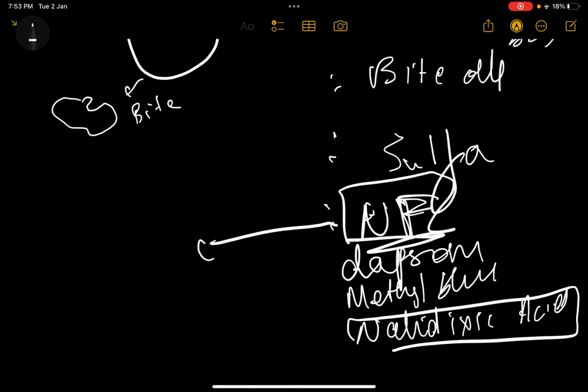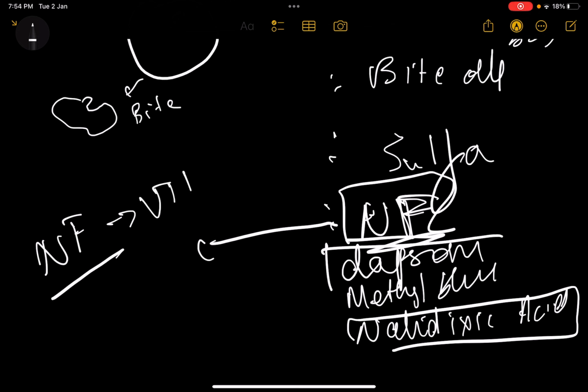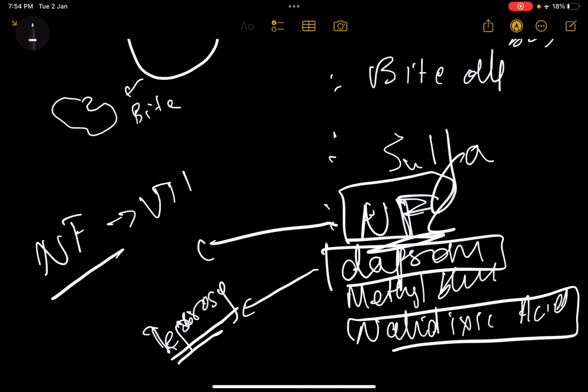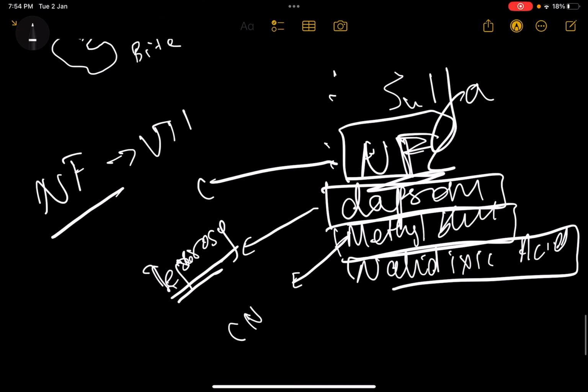They would say that you've been given nitrofurantoin for probably a UTI, or you've been given dapsone for leprosy, or you've been given methylene blue for maybe cyanide toxicity. So all of those could be.